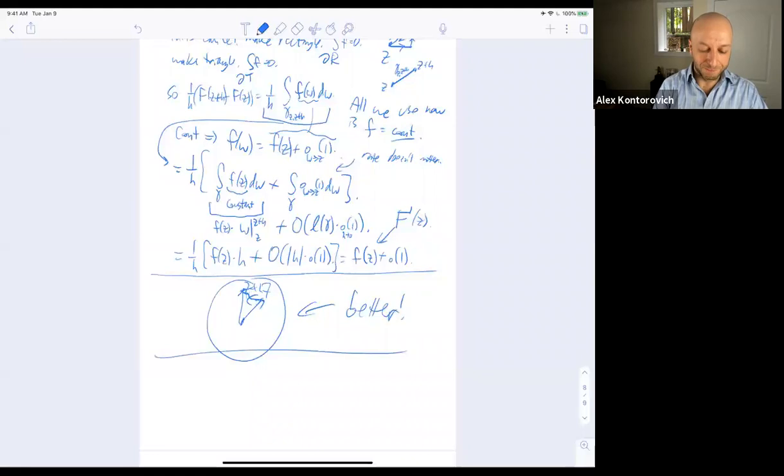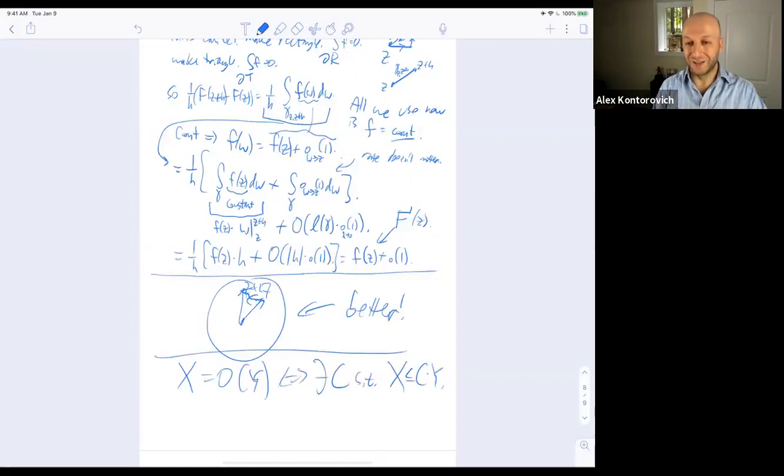So let's say you have two quantities, x and y. x is big O of y if and only if there exists a constant such that x is less than the constant times y.